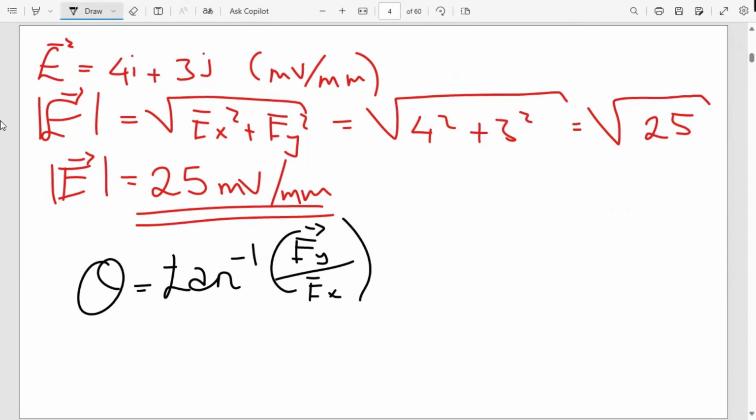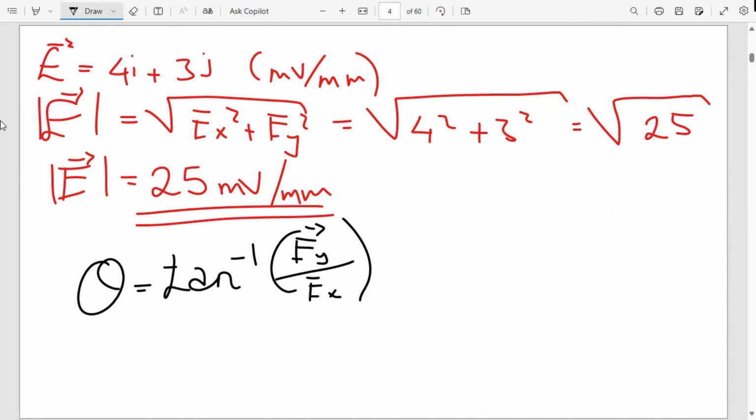Okay, there's one thing we're supposed to take note of when we're dealing with vector addition, or when we're having two components of a vector. The direction of the components gives us a clue of which quadrant your vector is lying in. It depends if the x component is negative or positive, or if the y component is negative or positive. It is going to show you the direction in which that particular resultant is going to lie.